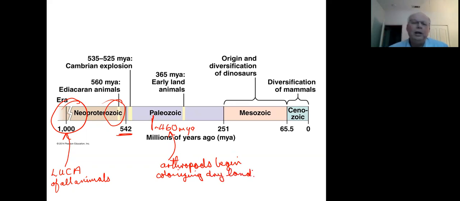So if you ever wondered why insects, and arthropods in terms of spiders, millipedes, centipedes, are so successful in a terrestrial environment, this is the reason why.